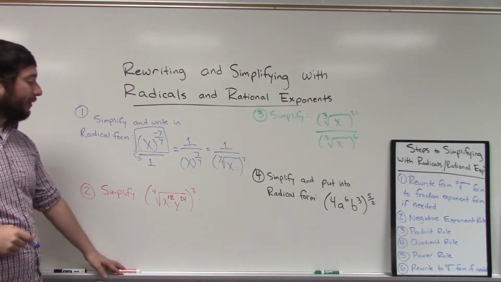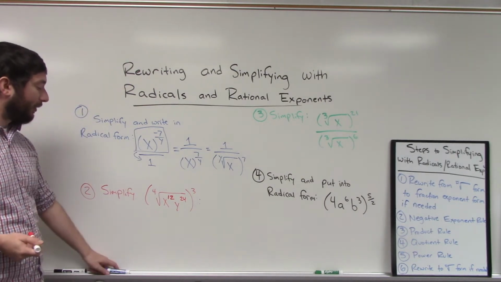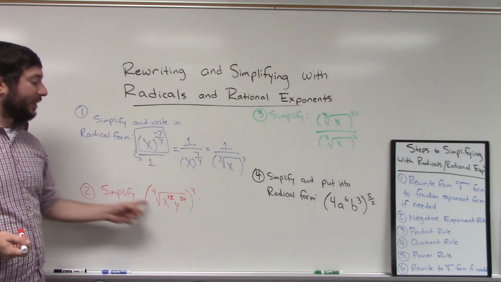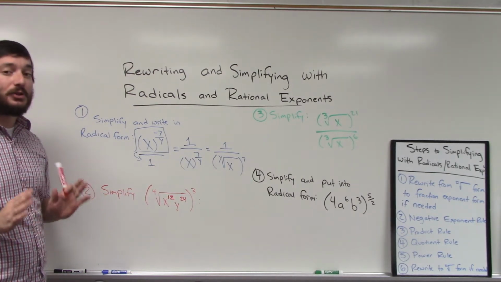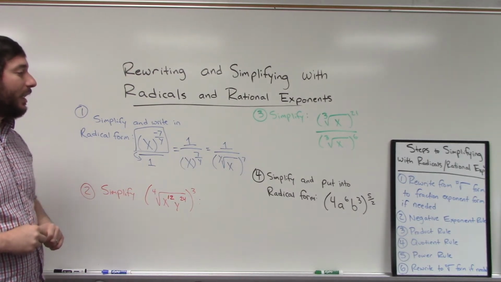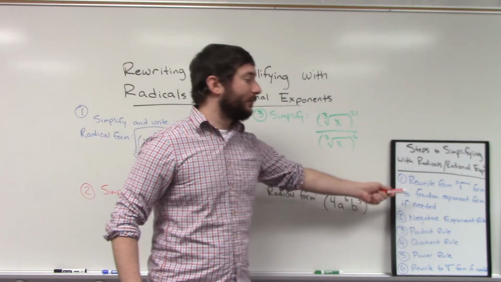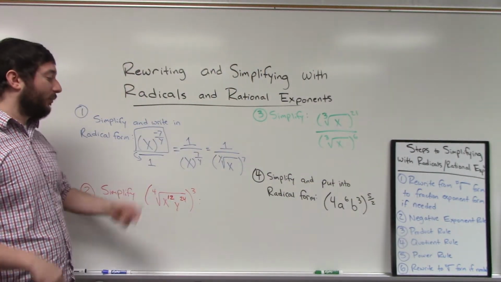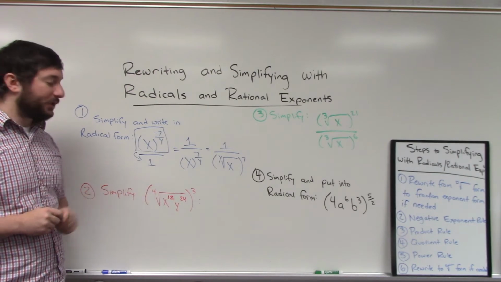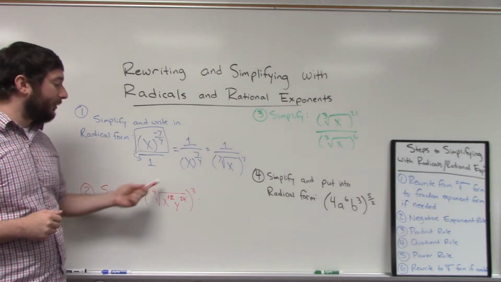So let's look at a different one where we have to simplify this expression. Now, in this case, we do need to rewrite our problem from radical form to fraction exponent form, and that works well in this problem, especially because that's all we're going to need to do inside this parentheses.